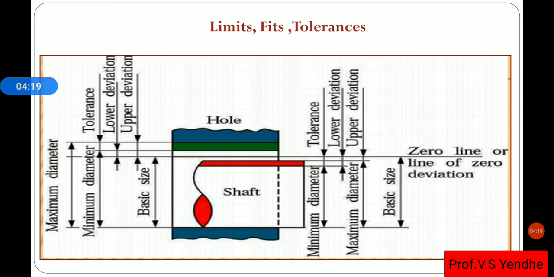What does the size indicate? It is the number which is expressing the value of the dimension of that component, and we are purchasing that component from the market. So size is the number expressing the value of the dimension.